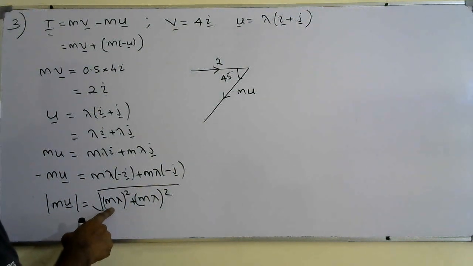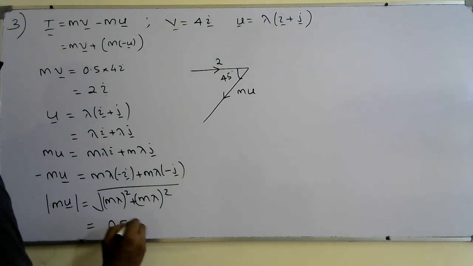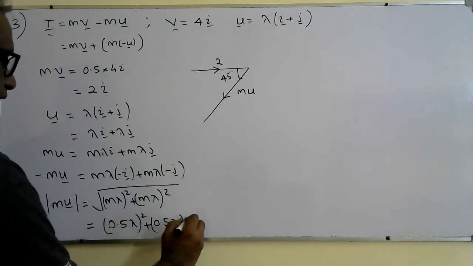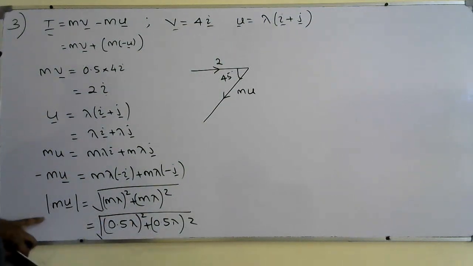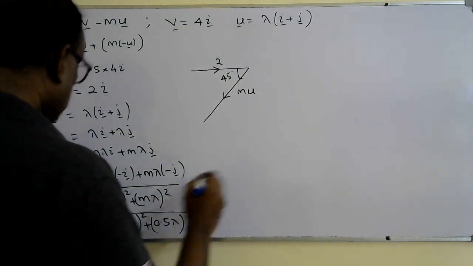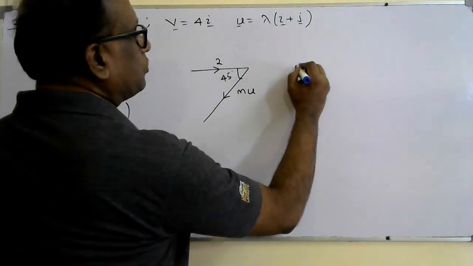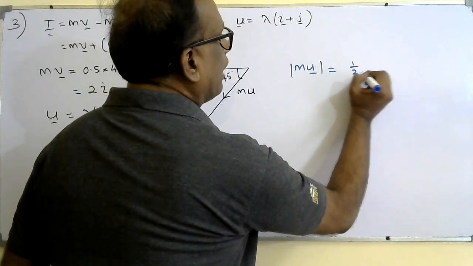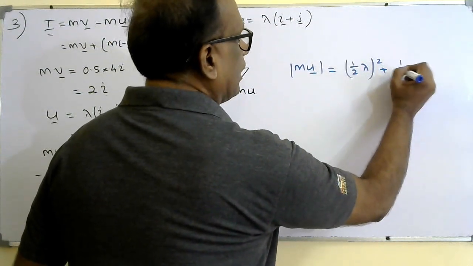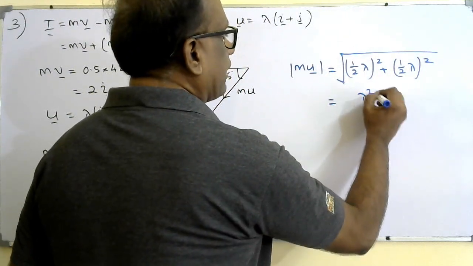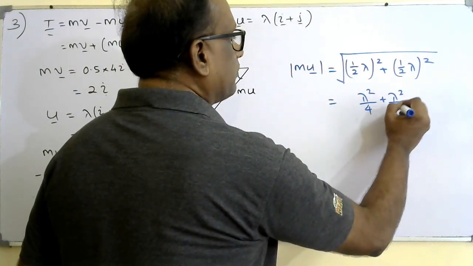We know that m is 0.5, so that is the square root of (0.5 lambda) squared plus (0.5 lambda) squared. 0.5 means half, so it is the square root of lambda squared by 4 plus lambda squared by 4.